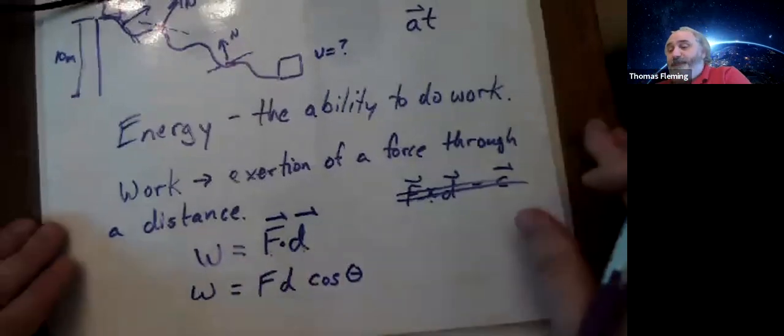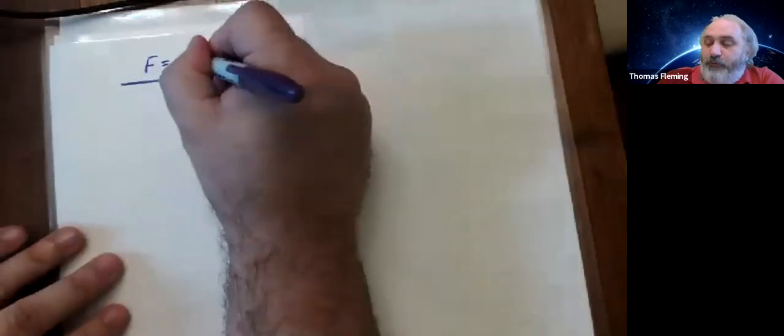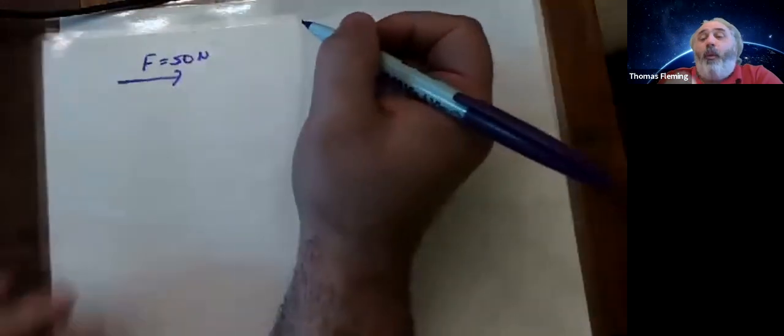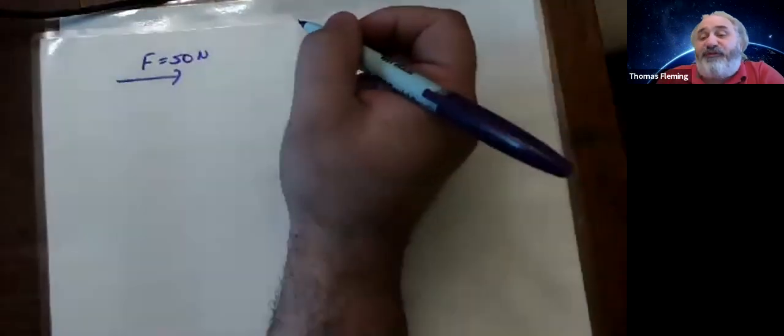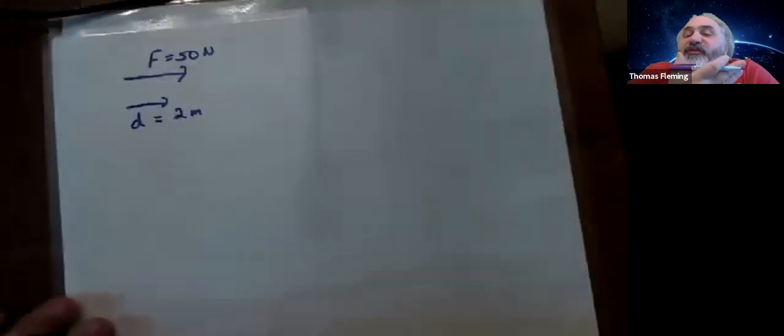Now, what does that mean in practical terms? Let's do a couple of examples. So imagine I've got an object, and I'm pushing that object with a force of, say, 50 newtons. And while I'm pushing it with a force of 50 newtons, it travels to the right a distance of 2 meters. So how much work did I do with that force?